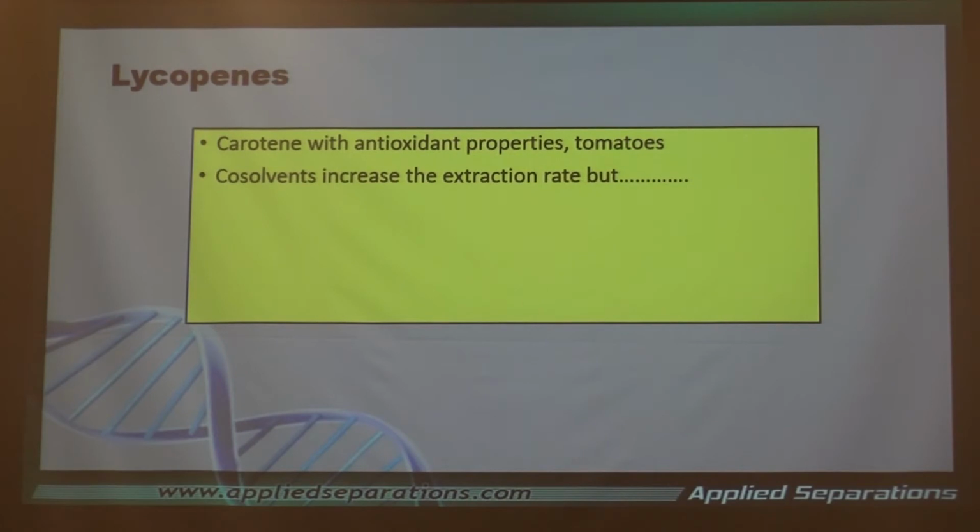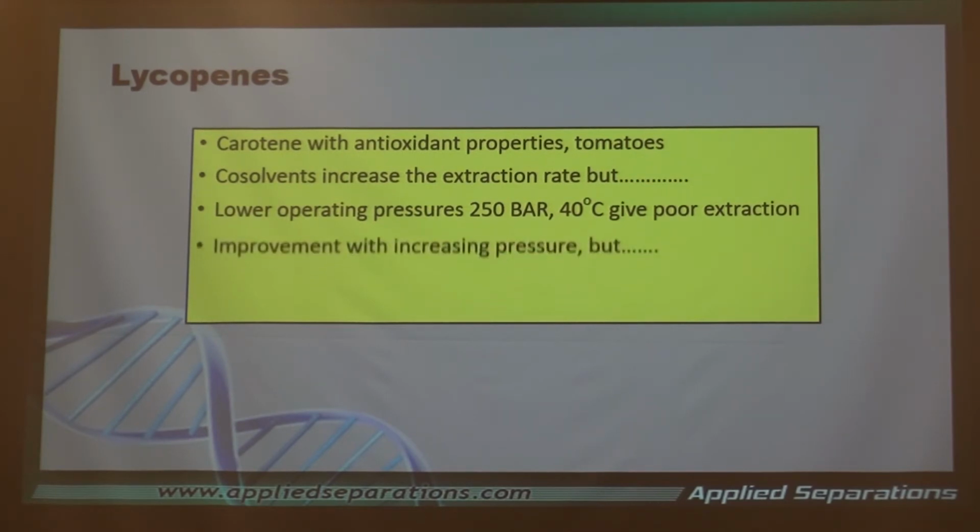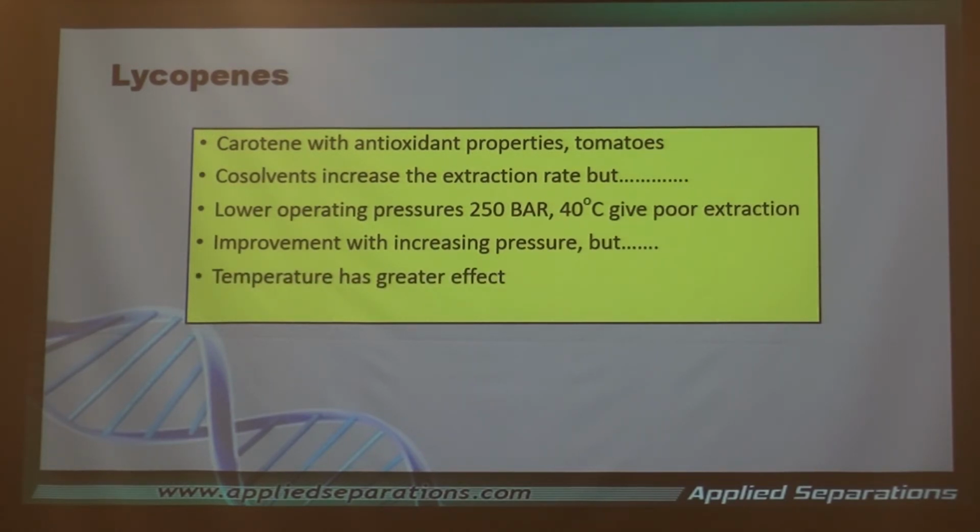We can increase the rate of extraction of lycopene using a co-solvent, but this gives you a poor extraction, brings on lots of other products as well, and is not as clean as doing it with supercritical CO2. You can use a lower pressure, but at 40 degrees the extraction is pretty poor. You get some improvement with increasing the pressure, but temperature has a greater effect.